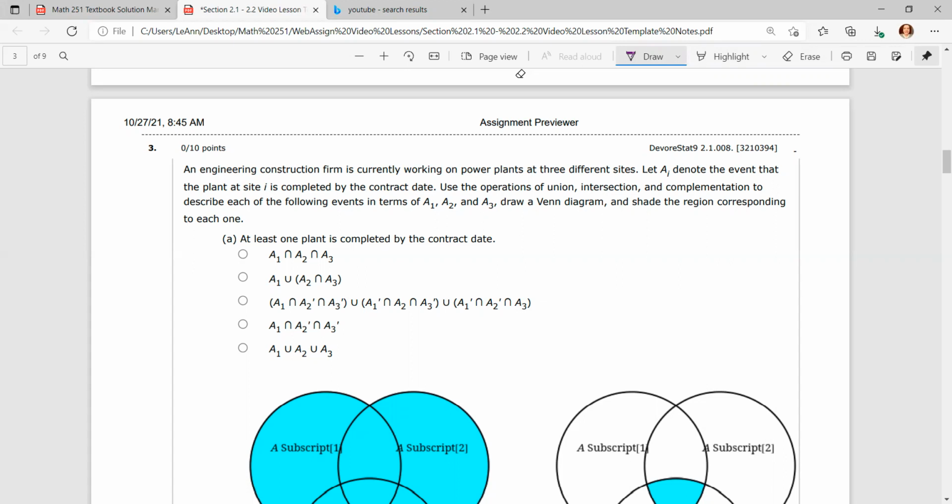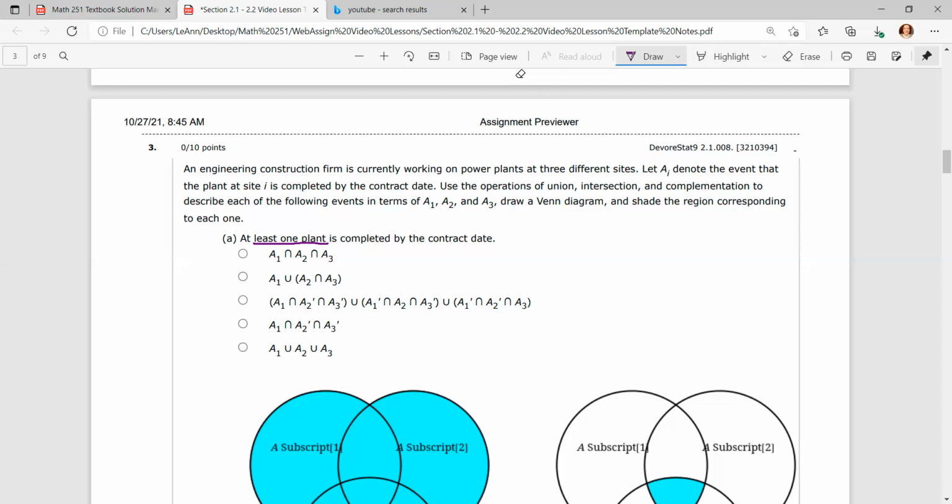So we have to take this word statement and turn it into, first of all, notation, and then pick the correct Venn diagram. So at least one plant is completed by the contract date. Remember we use A1, A2, A3. Those mean that they've completed plant 1, plant 2, or plant 3. So at least one means either just 1 or 2 or all 3 is complete.